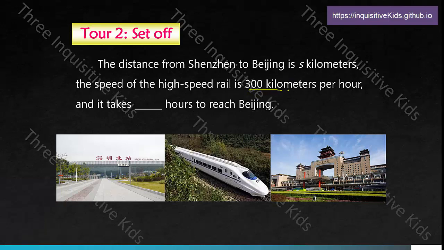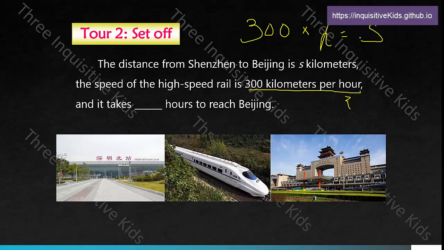Over here, it could be expressed as 300 times h equals, by the way, h stands for hours, is equal to S kilometers.